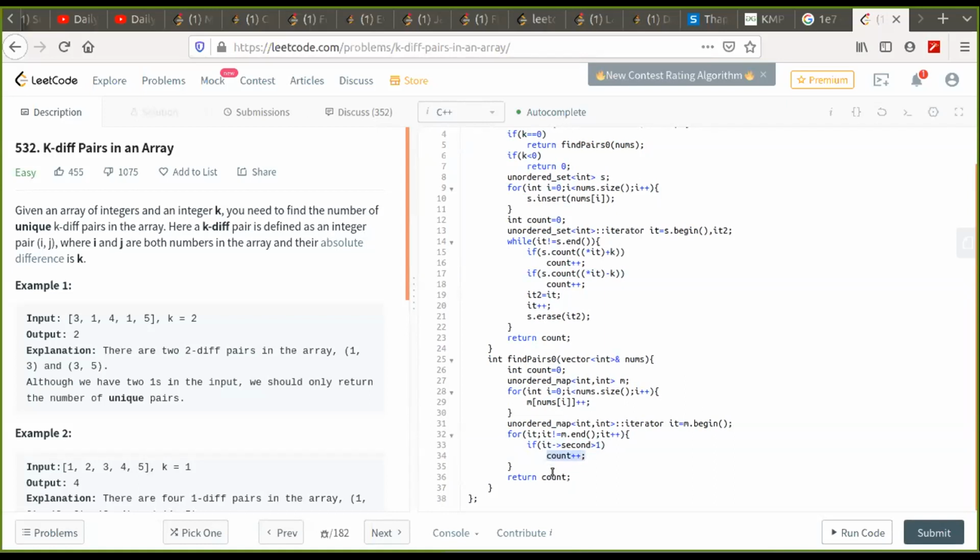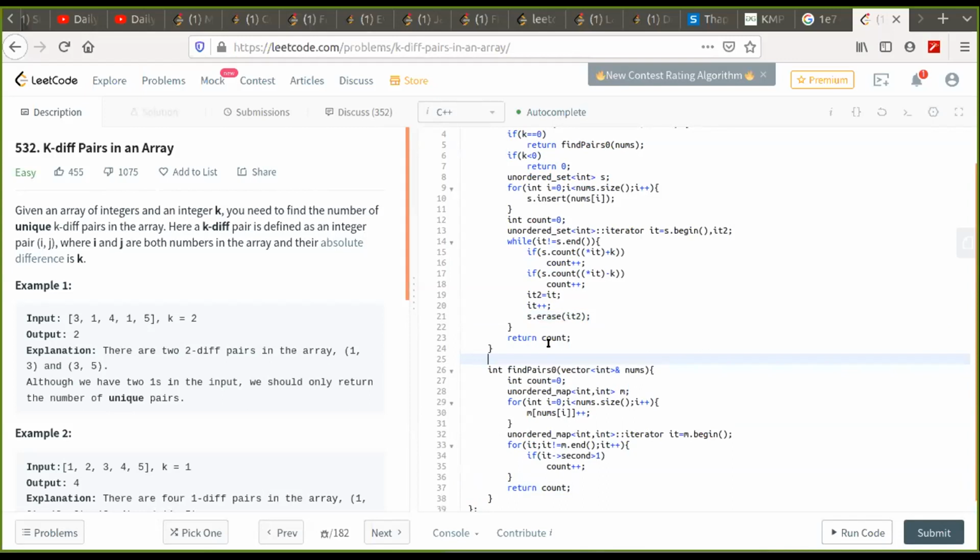So you are removing which key? You are erasing, here s.erase(it2). That's basically, first I put all the elements, like 3, 1, 4, and 5. My set currently has these 4 elements. At first I was on element 3.